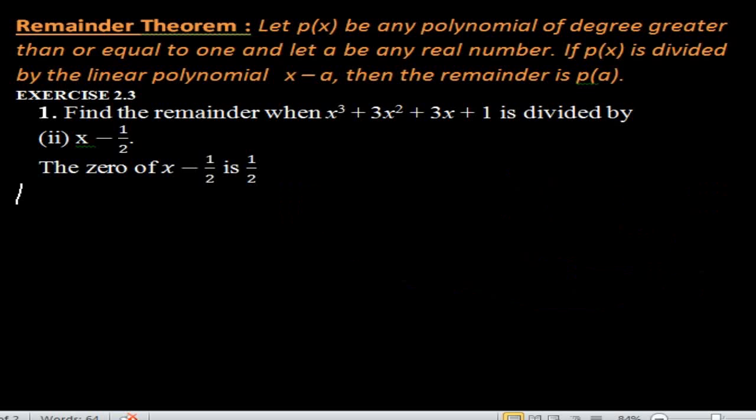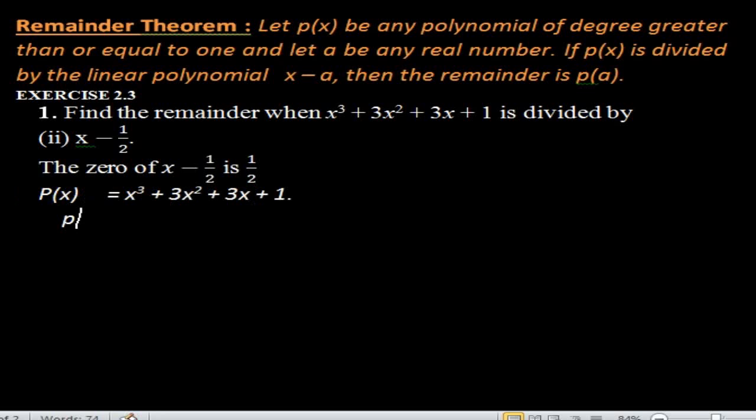Now let us take the given polynomial as p of x, that is x cube plus 3x square plus 3x plus 1. This is the given polynomial, and we got the divisor's zero also. That will be substituted here.